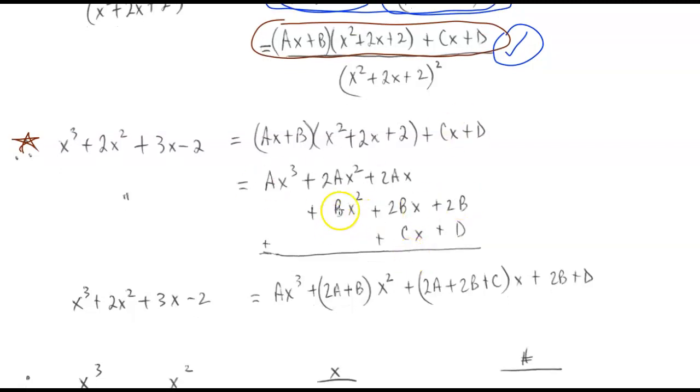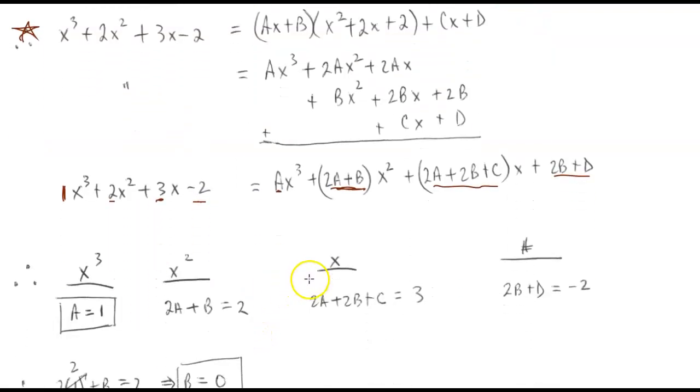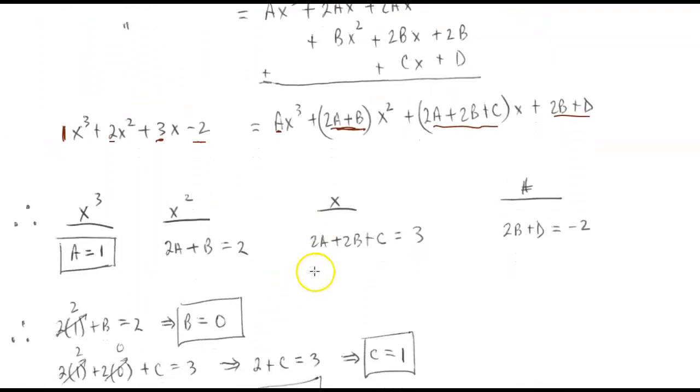Once all that's done, a is going to go with the 1, 2a plus b is going to go with the 2, 2a plus 2b plus c is going to go with the 3, and 2b plus d is going to go with the -2. And so when we categorize everything, this is what we get.